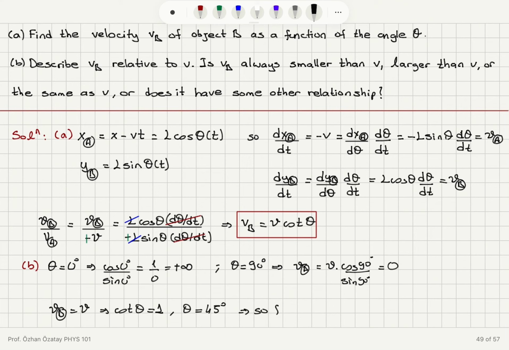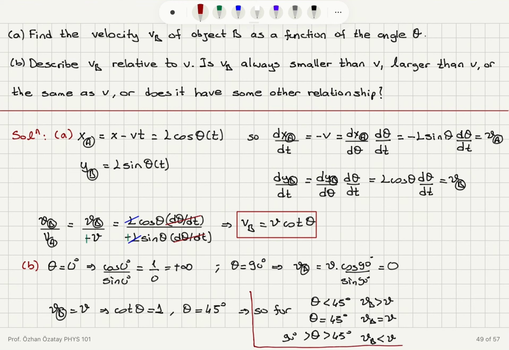So the conclusion is that for theta less than 45 degrees, between 0 and 45 degrees, VB is greater than V. When theta is exactly equal to 45 degrees, VB is equal to V. And when theta is greater than 45 degrees, 45 to 90 degrees, we're going to find that VB is less than V. Actually, VB becomes 0 when theta is equal to 90 degrees.